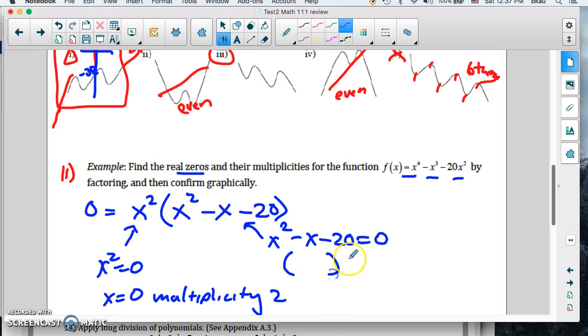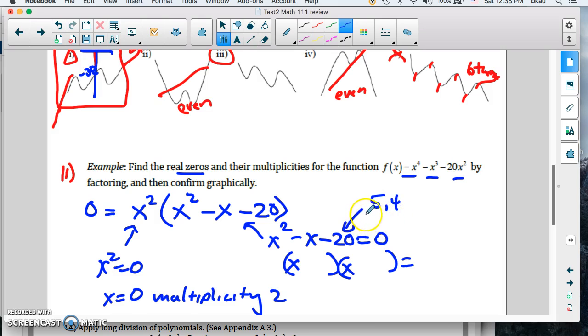And this one's not too hard to factor because there are certain factors of 20, negative 20, that add up to negative 1. We wanted to add to negative 1 because that's what this is. So I would think they're 5 and 4 because those are 1 apart.